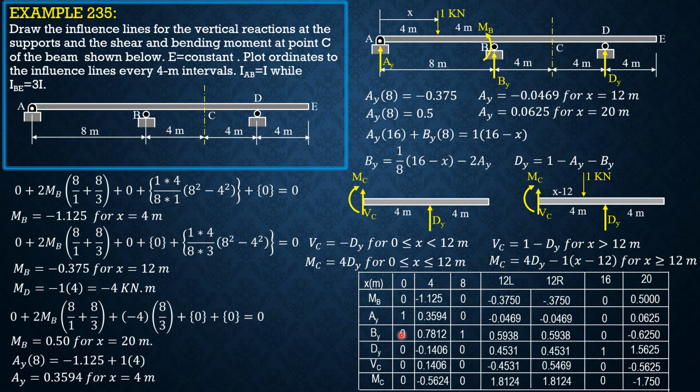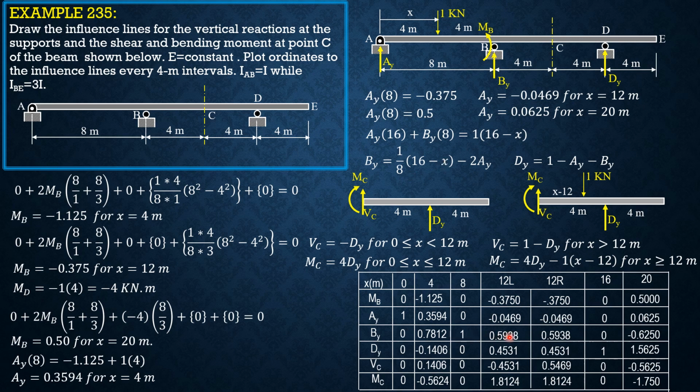Then for BY, when x is 0, this is the formula: 16 over 8, 2, minus 2 times 1, 0. When x is 4, 1/8 of 16 minus 4, minus 2 times AY. AY is 0.3594, so BY is 0.7812. When x is 8, BY is 1 because AY is 0: 16 minus 8 is 8, over 8 is 1.